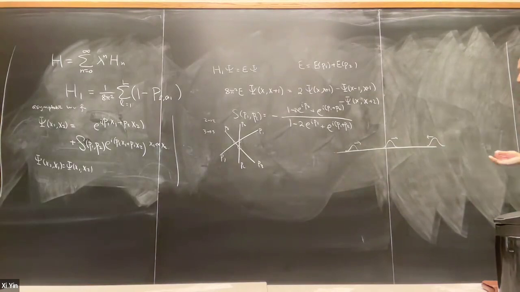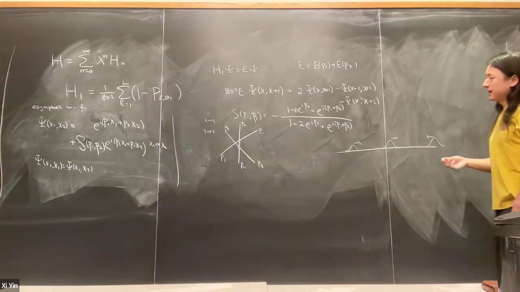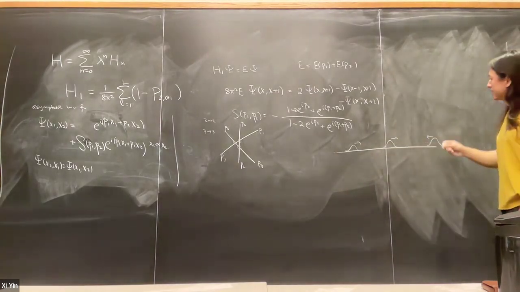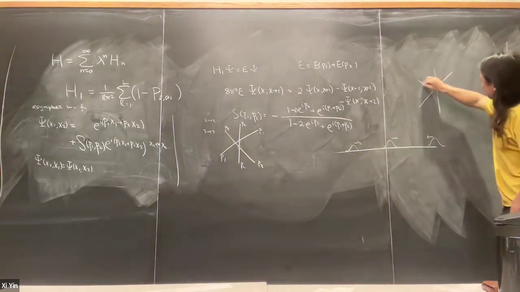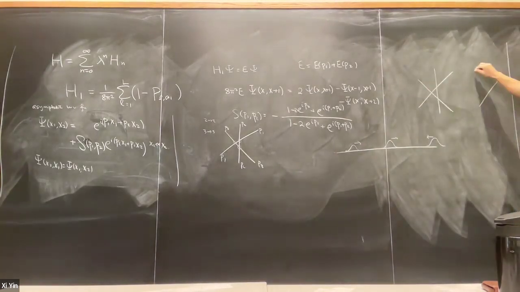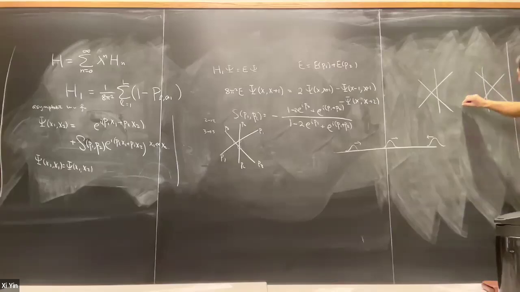Now, we're in 1+1 dimensions, so generally, depending on how you arrange these wave packets, they may scatter like this, or like this, or maybe somewhere in between, like this.